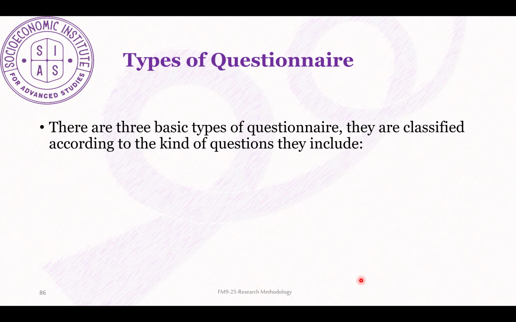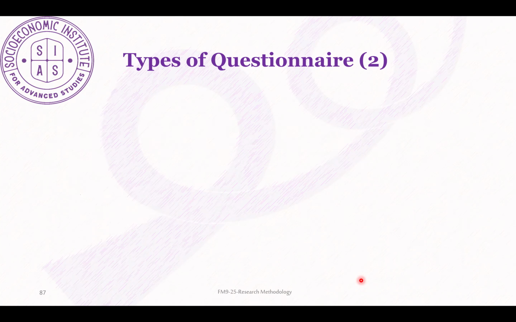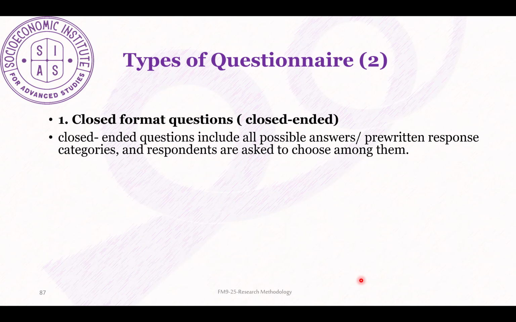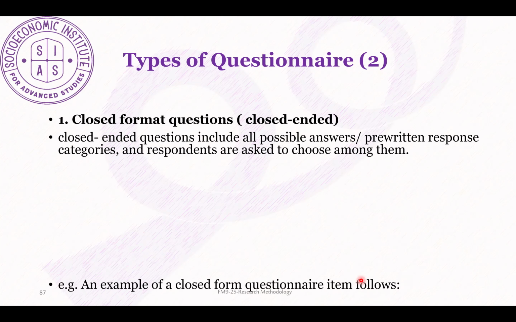So there are three basic types of questionnaire questions that we can follow: close-ended questions, open-ended questions, and a combination of both closed and open-ended questions. The closed format, close-ended questions, include possible answers or pre-written response categories, and respondents are asked to choose among them.